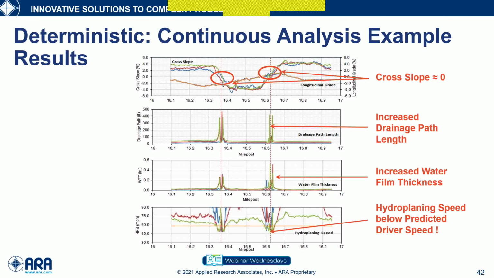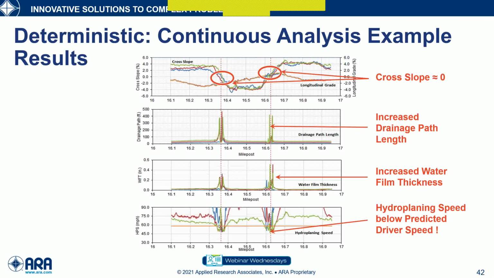And if you remember, when I was describing the drainage paths, when we have this combination of almost zero crossslope and uncontrolled grade, we may end up with long drainage paths, like the ones shown here. So 400 feet represents that a droplet of rain will have to travel 400 feet before exiting that given lane. And that, of course, is going to create increased water film thicknesses.